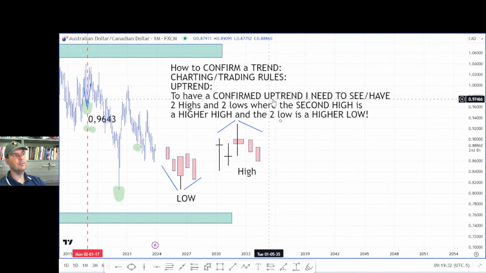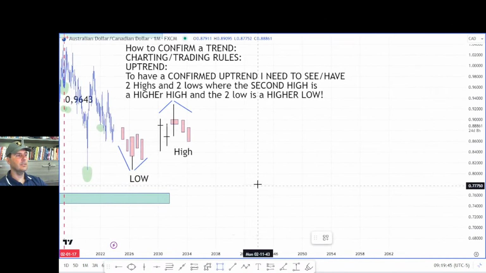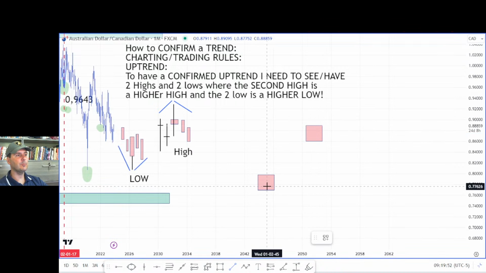Now, to have a confirmed uptrend, I need to see or have two highs and two lows where the second high is a higher high and the second low is a higher low. So if this is a low and if this is a high, do we have an uptrend?